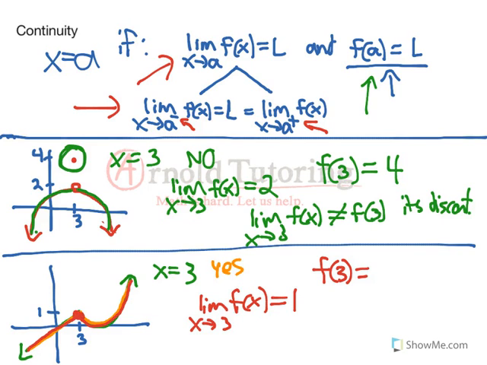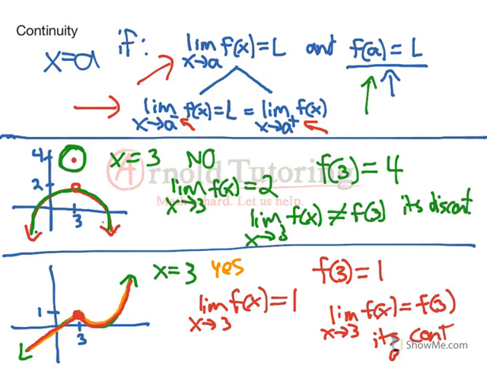Well, we can see that there's an actual point value there. There's no hole, it doesn't jump or anything. So the actual y value at 3 is 1. And the fact that these are the same, the limit as x approaches 3 of f of x equals the actual value at 3, it's continuous at x equals 3.